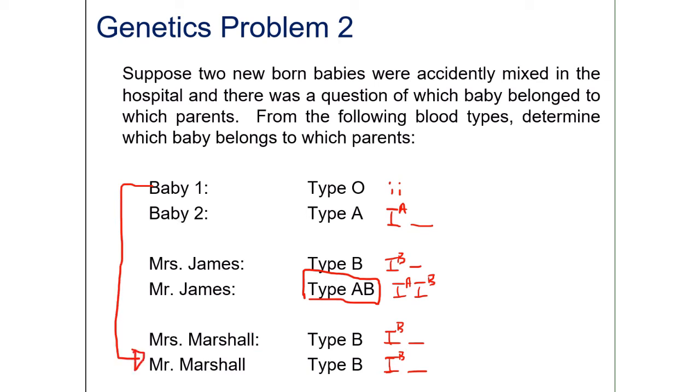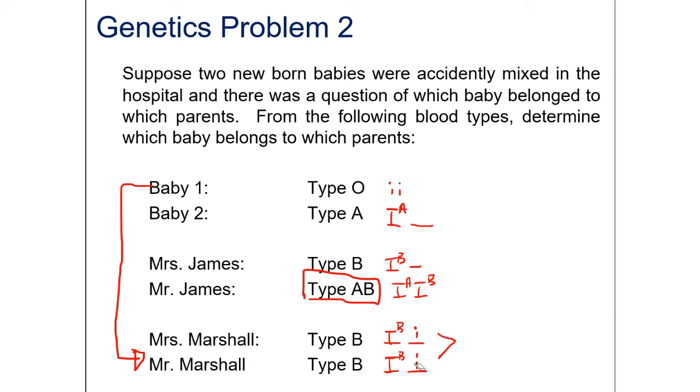But now you might wonder, how is it possible for two type B persons to have a type O child? Remember, when I tell you that someone is type B, I'm not telling you whether they're homozygous type B, that is IBIB, or if they are heterozygous, which is IB small i. So you cannot assume one or the other. So in this case, in order for them to have a type O child, they have to be IB little i.